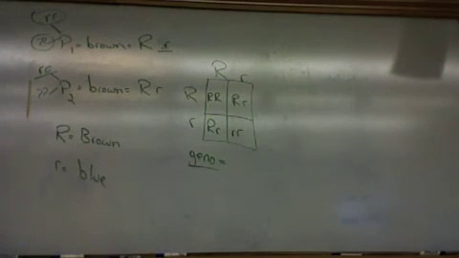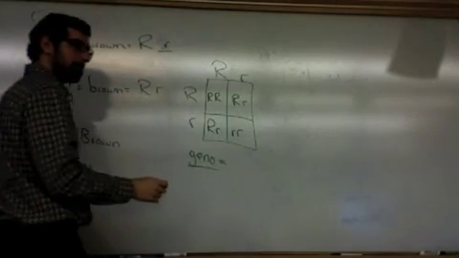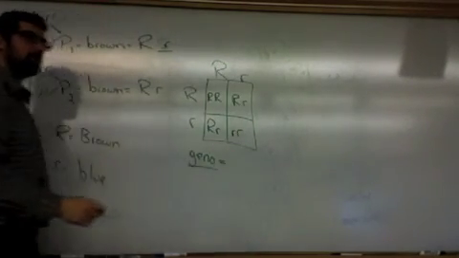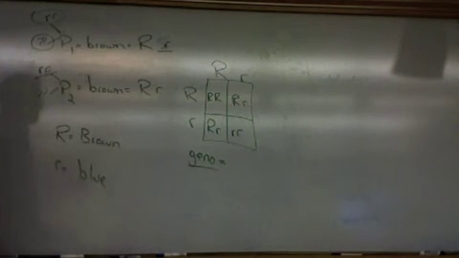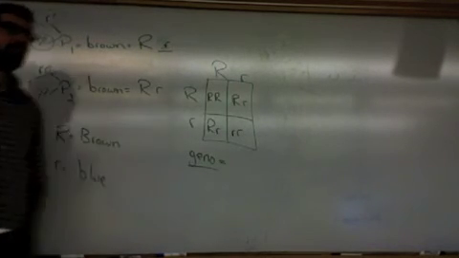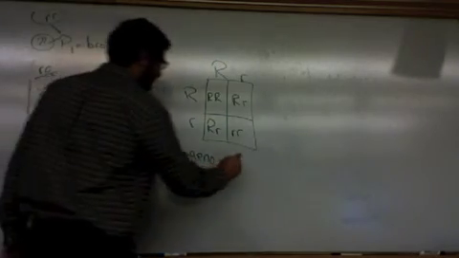What are the different possible genotypes that their kids could wind up with? This is a genotype. So what are the different possibilities the kids can wind up with? One homozygous, homozygous what?